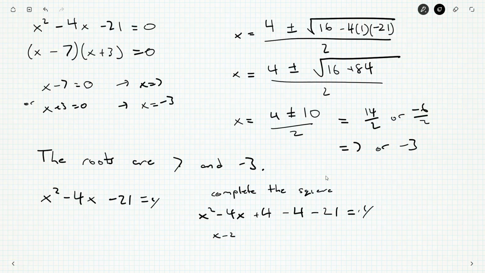So then this is x minus 2 squared minus 25. And now I've got the parabola in vertex form. And this makes it very nice and easy to graph.